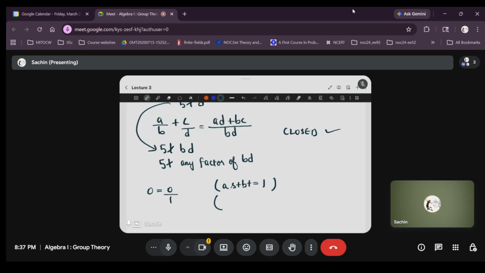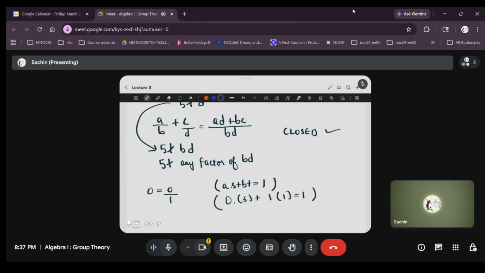So for 0 and 1, you can write 0 times any number S plus 1 times 1 is 1. So there exists a linear combination of 0 and 1 that gives 1, so the GCD of 0 and 1 is 1, and they are relatively prime, or co-prime.